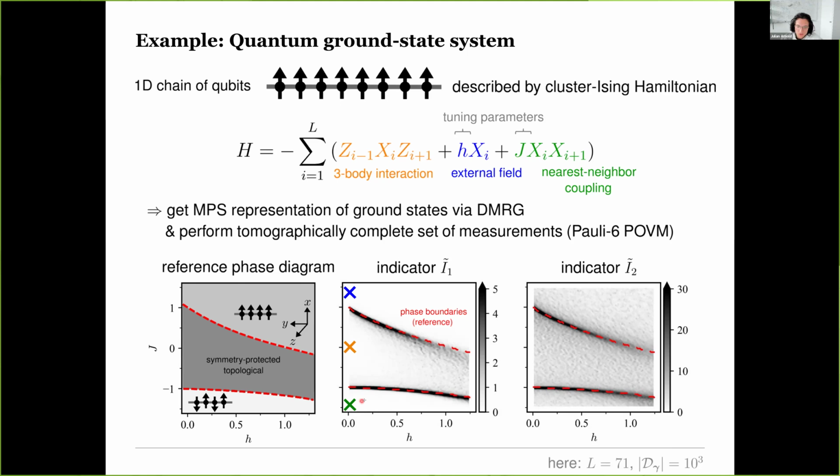Away from h equals 0, for non-zero h, we don't know it, and there the phase boundaries are provided by our method. So this is one scenario which commonly arises: you have special points or special lines in parameter space where you know a lot about the model because it simplifies in some way. There you can put the points and characterize all of the phases, and then you extrapolate.